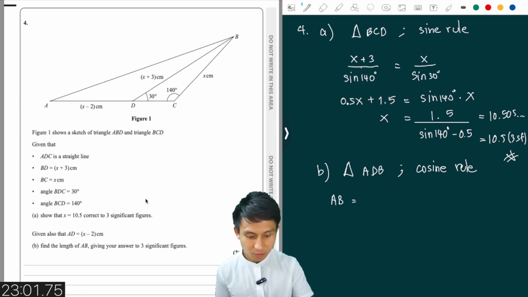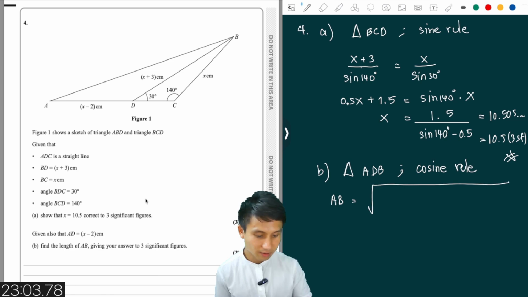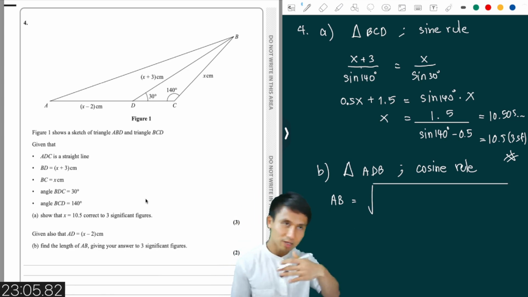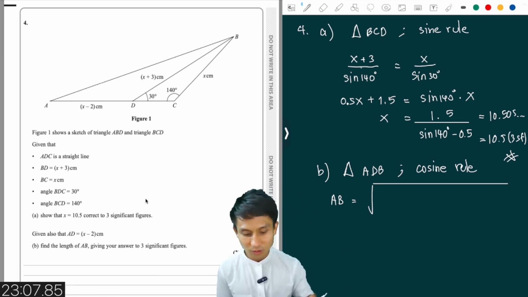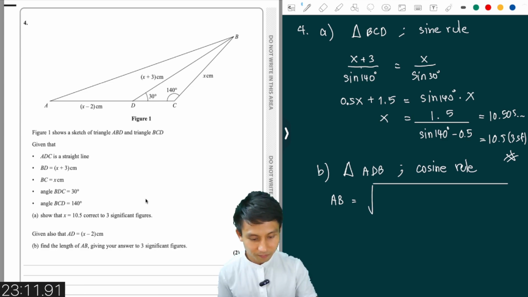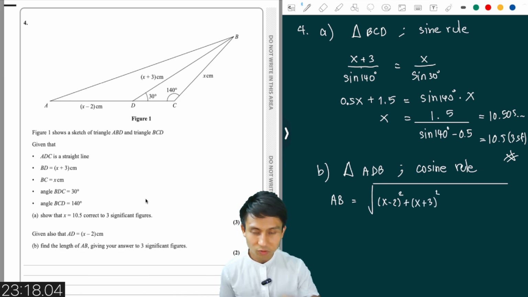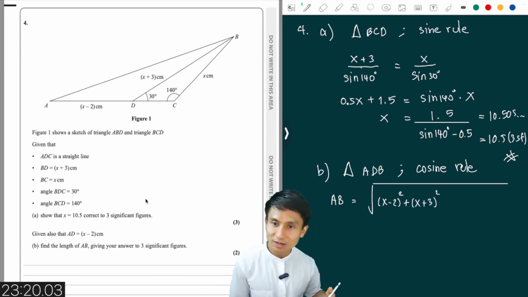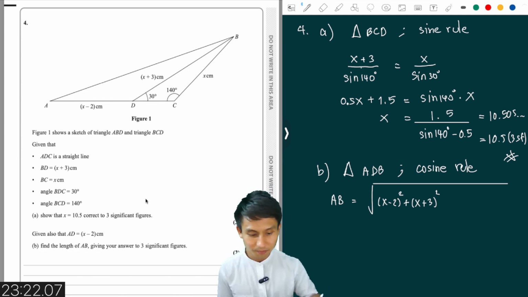So that's AB equals square root. Yeah, cosine rule, we have a square on both sides, but then if you want AB, you can square root. The two sides squared, so that's x minus 2 squared plus x plus 3 squared. So those are the two sides. I'm just putting x in here first so that you guys can catch up.